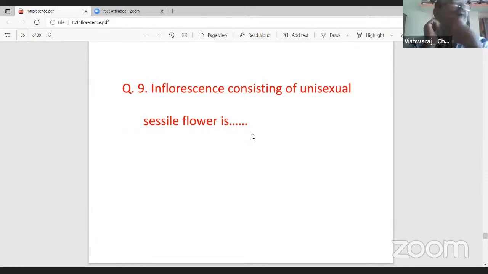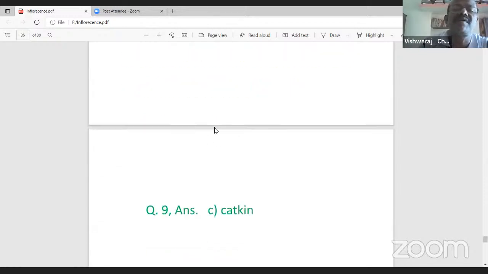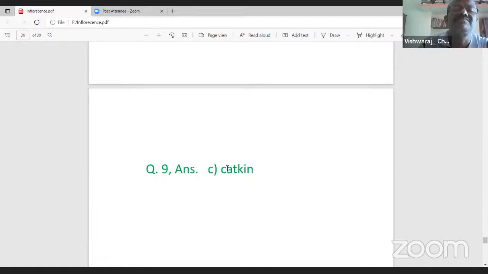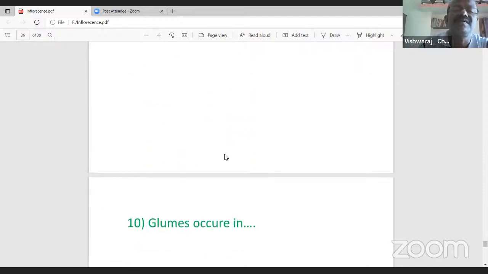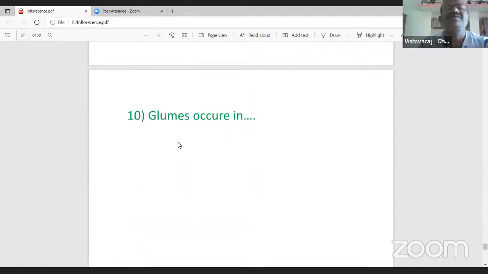Can you remember? Inflorescence consisting of unisexual sessile flowers is a catkin. And the last question.